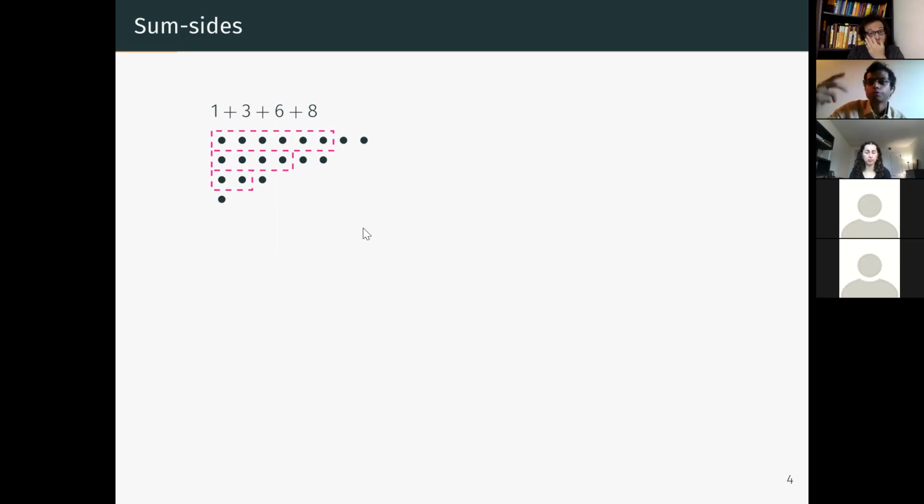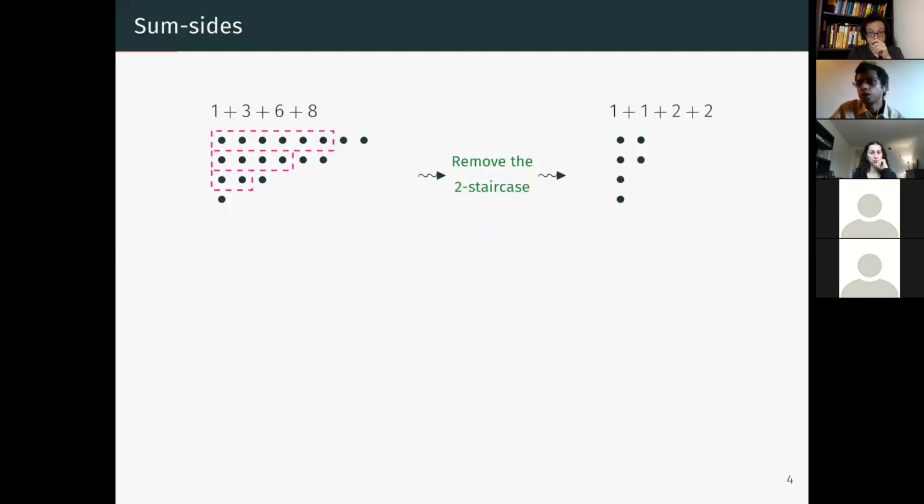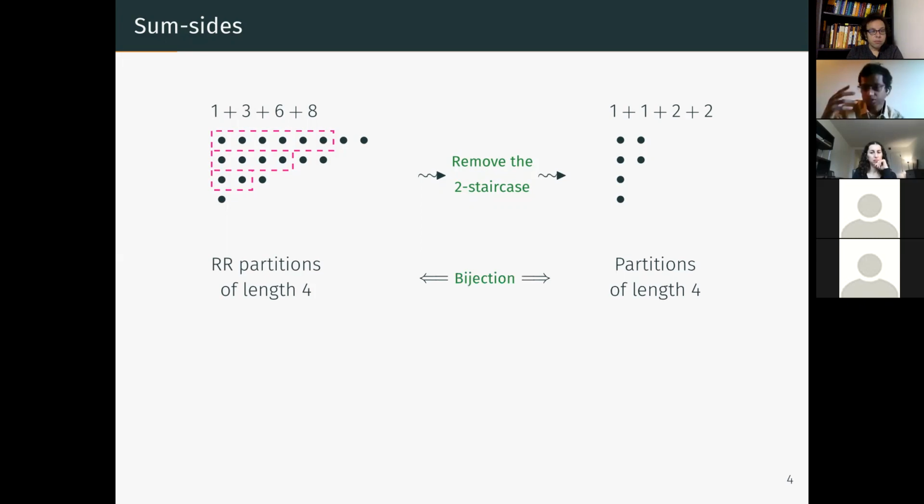Because you have a difference 2 condition, if you remove this, it's called removing the 2-staircase, you will get an honest partition. You'll get something that has only weakly increasing parts, and it's 1 plus 1 plus 2 plus 2. And this process is reversible. In other words, the Rogers-Ramanujan partitions of length 4 are in bijection with just partitions of length 4.